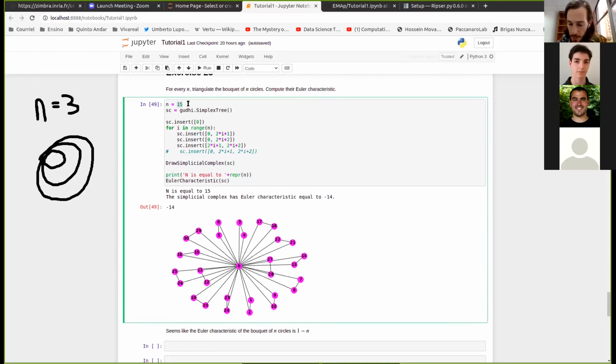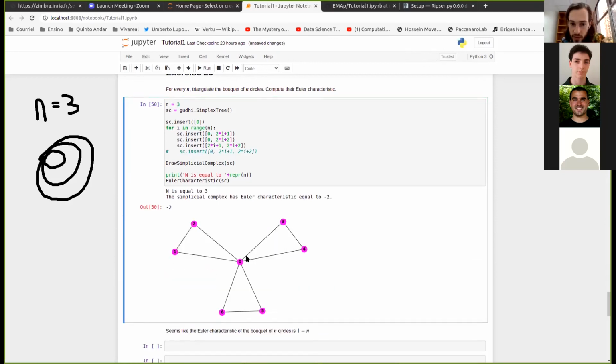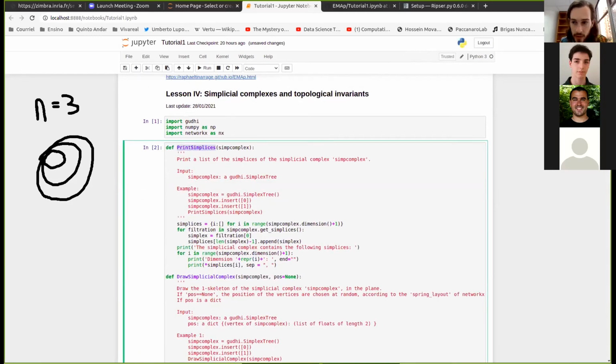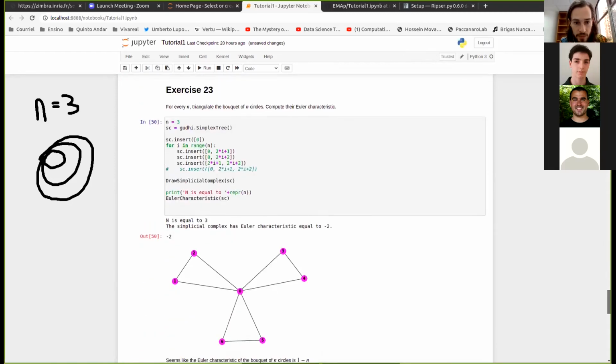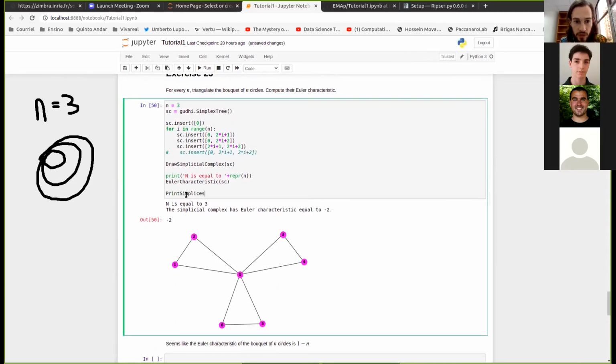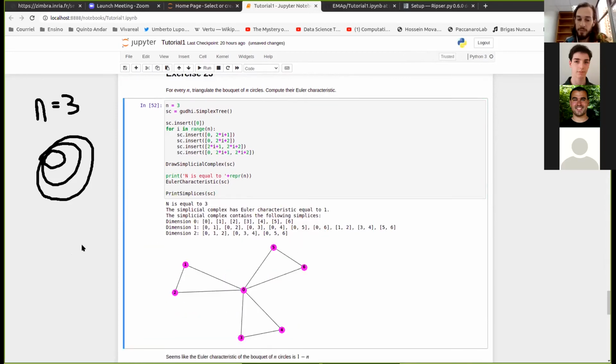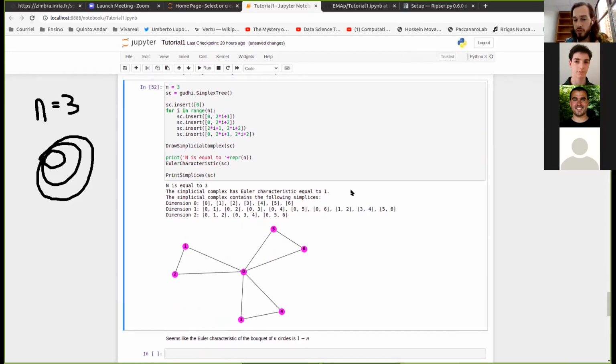For instance, here, the triangles are not in the simplicial complex. What is print simplices? The same problem we faced with the letter E, right? Exactly. Okay, I have no triangles here, but when I do that, I can see them. So the Euler characteristic is different.